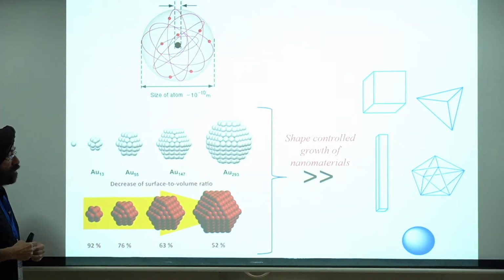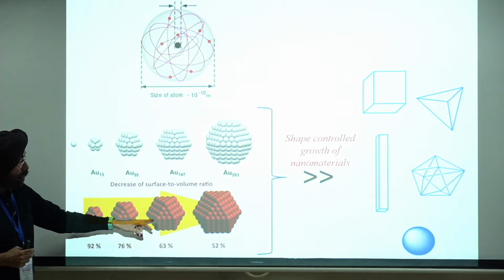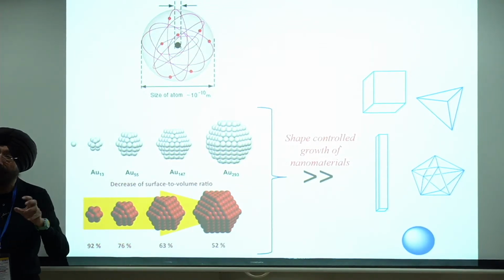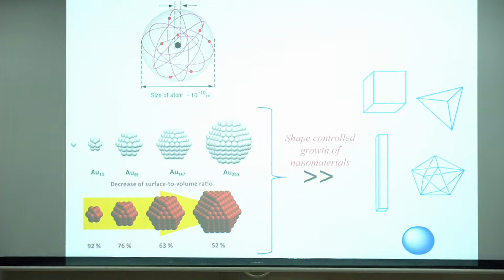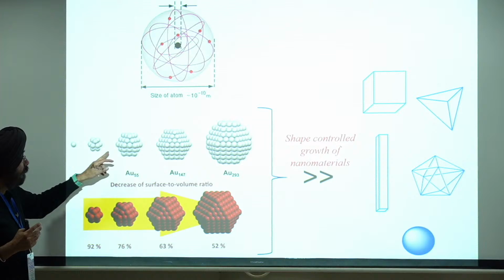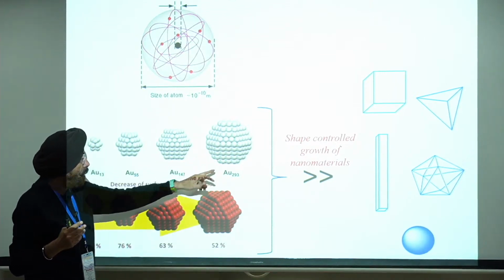In order to achieve a shape, you have to control the crystal growth. Now you know that the crystal growth is controlled by the unit cell. We define, for the crystal growth, a particular crystal structure for the unit cell. So this is a tiny gold nanoparticle. This is a bigger gold nanoparticle.